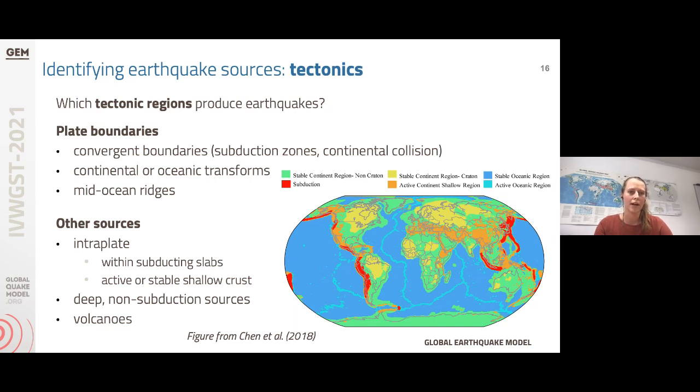There are also sources away from the plate boundaries where earthquakes can occur. So intraplate earthquakes within subducting slabs, or also within the shallow crust, typically more so in active crust than in stable crust. There are also deep non-subduction sources and volcano sources.